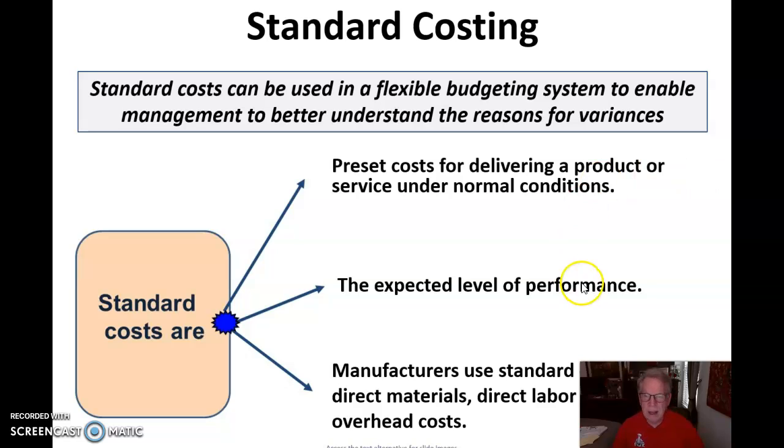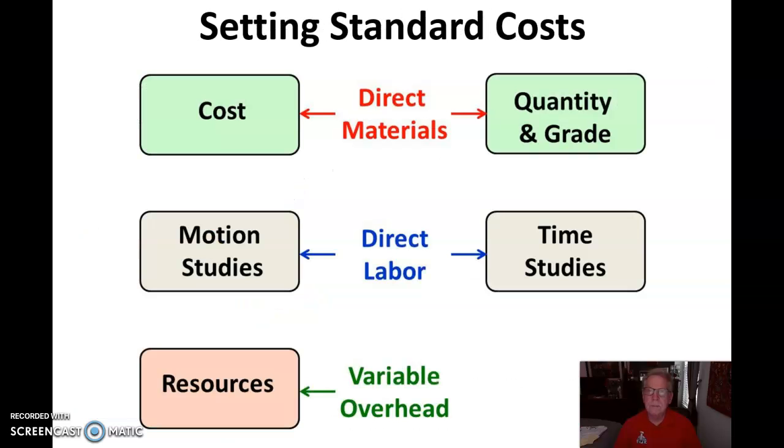Okay. And then we look at what the expected level of performance is going to be, and then the manufacturers can use that standard costing for each raw material item, which gets a standard cost, and we have direct labor standards for each product that we make, and overhead costs for each product that we make. Let's take a look at that.